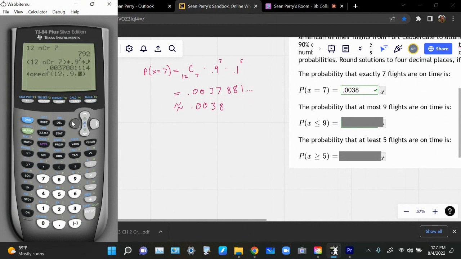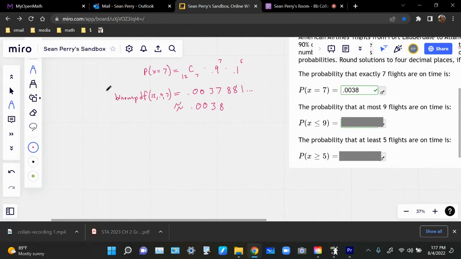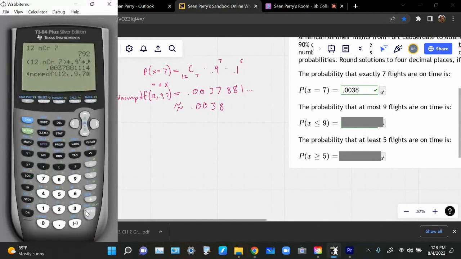Notice that it sets up the function in this format. So this is also equal to binomPDF of n, the number of trials, p, the probability of success, and x, the thing that we are interested in. Now, when we press enter on the calculator, it will give us the same number.